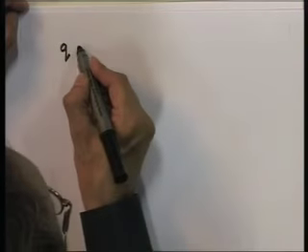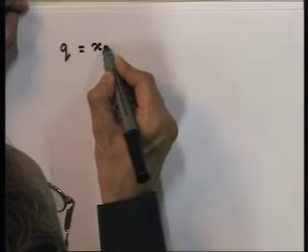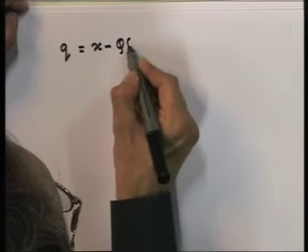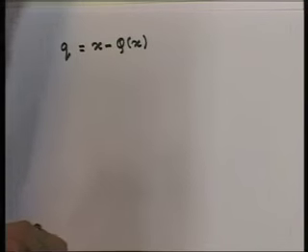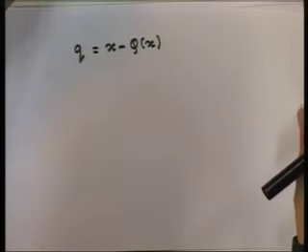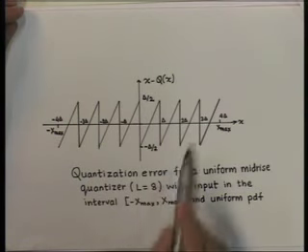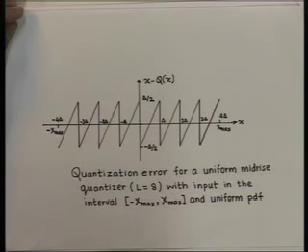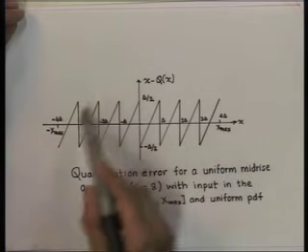The quantization error Q is given by x minus Q(x), and if we plot this quantization error for a uniform mid-rise quantizer for L equal to 8 with input in the interval minus x max to x max and uniform PDF, we get the following plot.